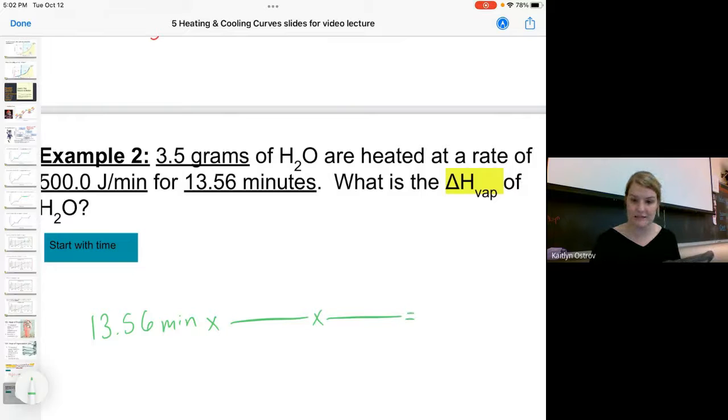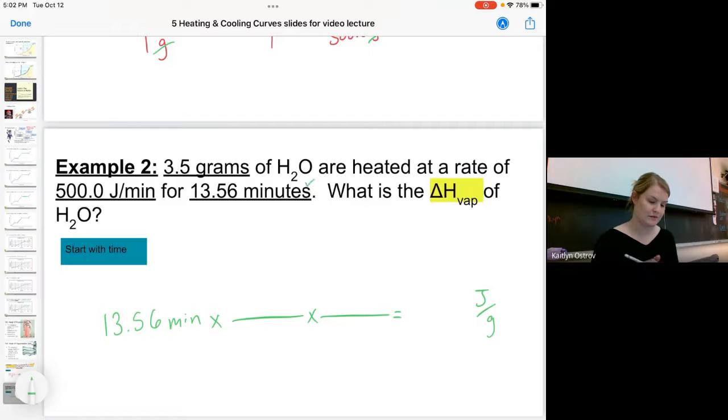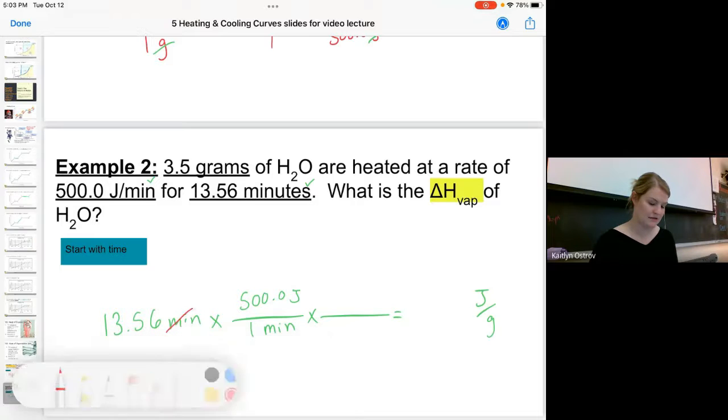And if I'm calculating delta H, the final unit I'm trying to get to is joules per gram. So I'm trying to get joules on top, grams on bottom. So I need to find a way to cancel out my minutes first. So let's go ahead and use, we already used this. Now we want to cancel it. This one. This is the only other one that has minutes in it. So 500.0 joules per 1 minute. All right, so this gets my minutes canceled.